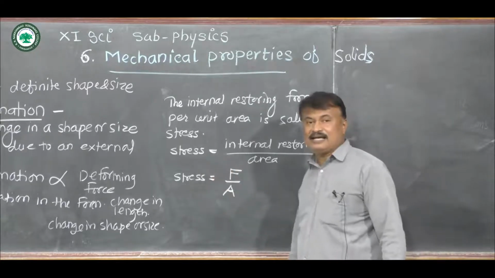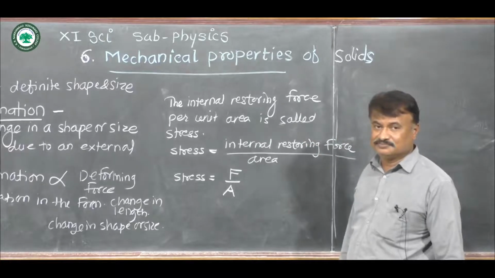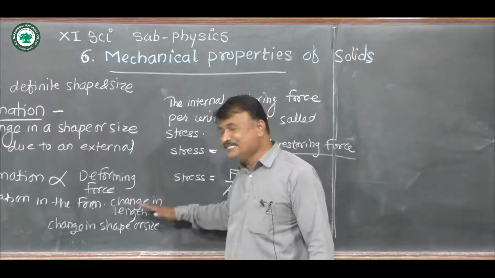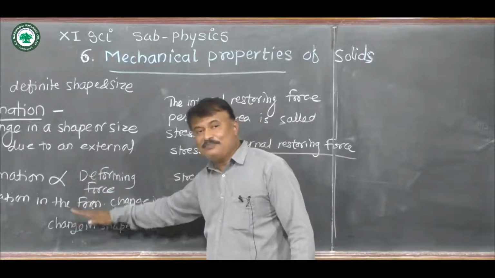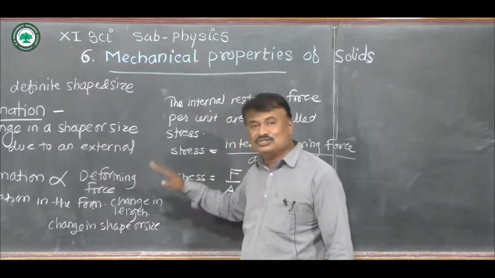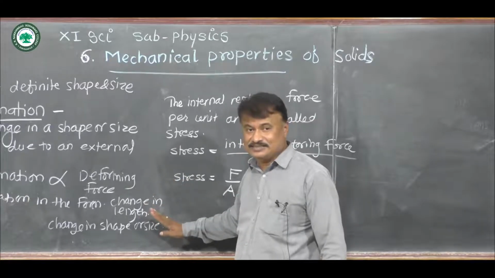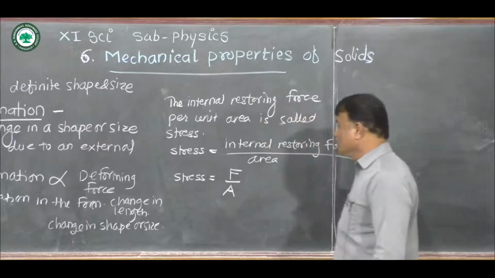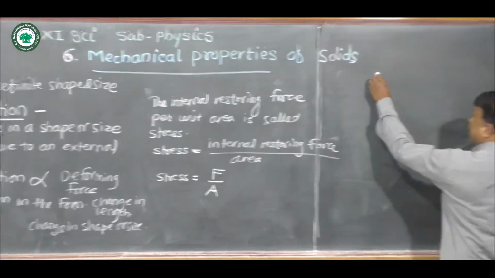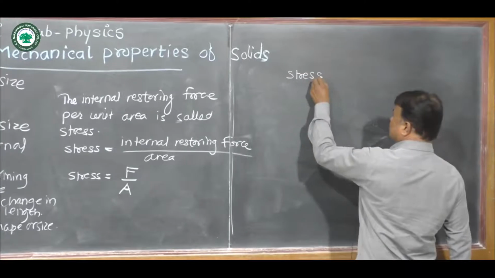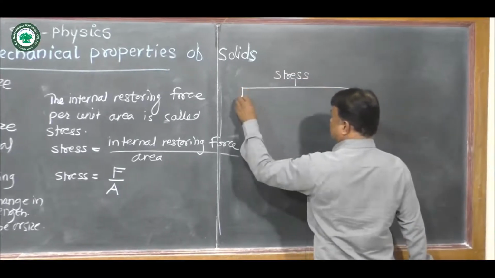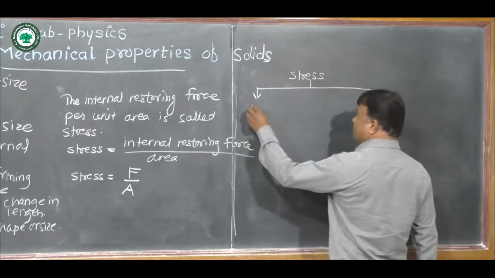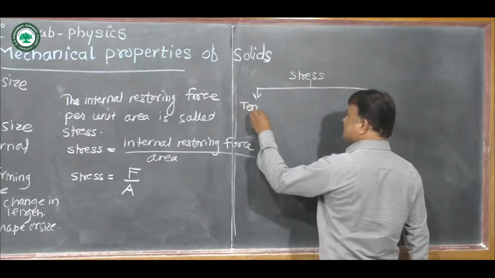This stress can be classified in three ways. As you know, deformation is in the form of change in the length, also it is in the form of change in the shape, and also it is in the form of change in the size. Therefore, stress is classified in three types. First type of stress is tensile stress.